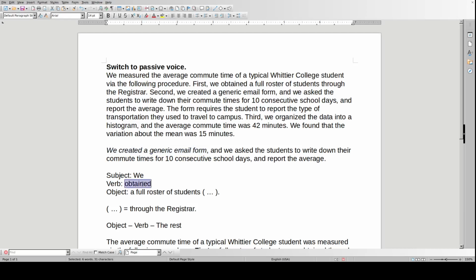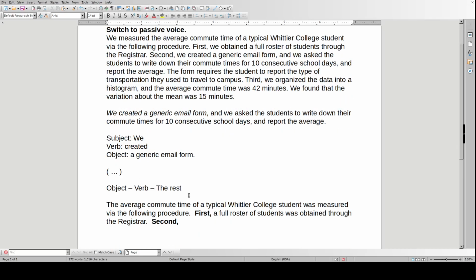And so the verb is created in the past tense, we created. And then the object is a generic email form. There is no parenthetical rest of the sentence if we're just considering what comes before the comma. So let's place this into object, verb, and then the rest of the sentence.